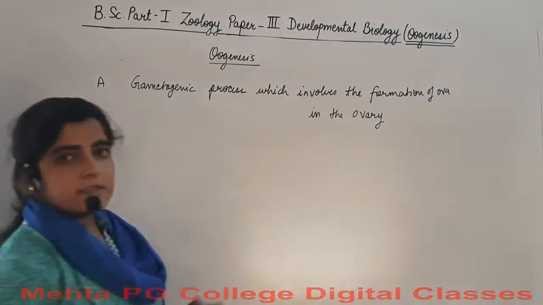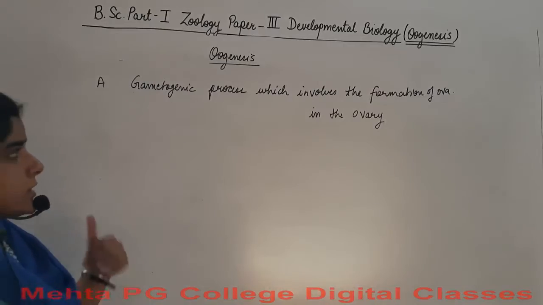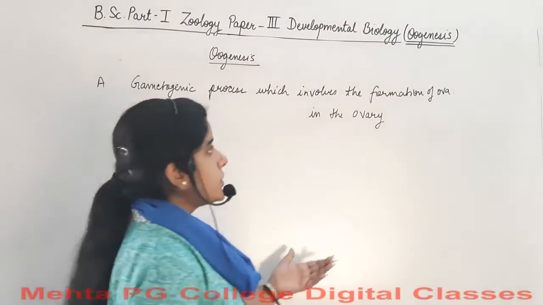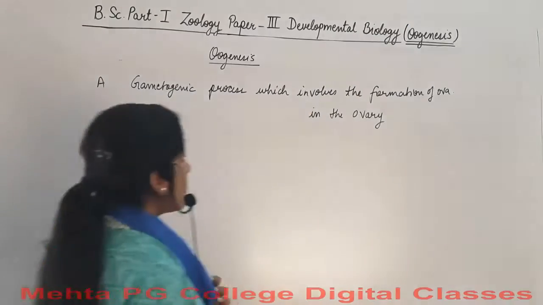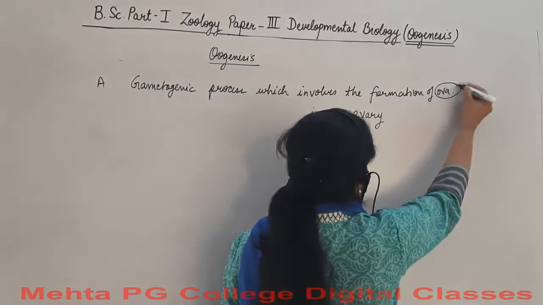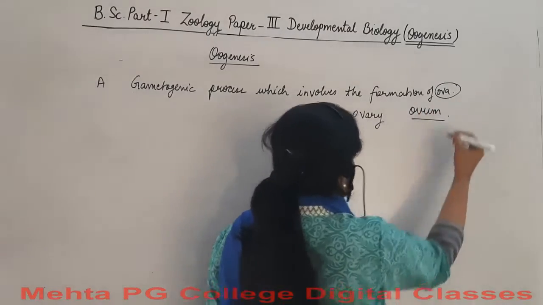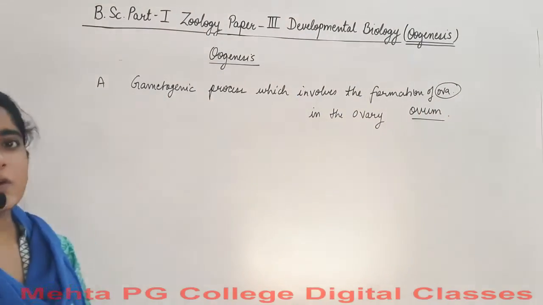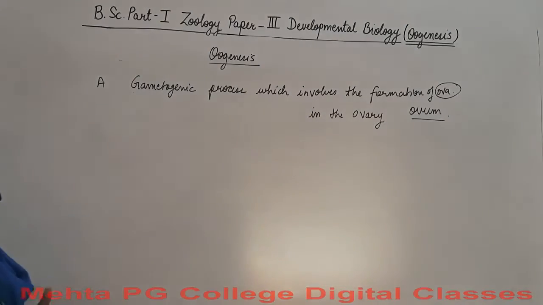So this process occurs in the ovary, and what it involves is the formation of ova. Ova is the plural form. If we represent it in singular form, then it is called ovum. That means formation of ovum can also be expressed.